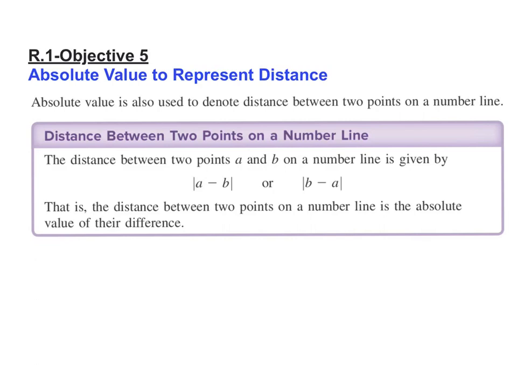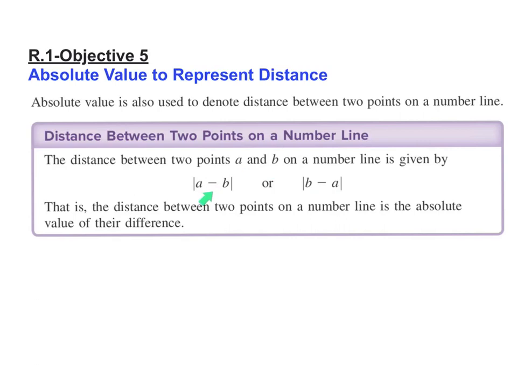If I have 2 points A and B, whatever those A and B represent, they're real numbers. They could be irrational, they could be rational, they could be integers, whatever. They're just two numbers. Okay? The distance can be found one of two ways.